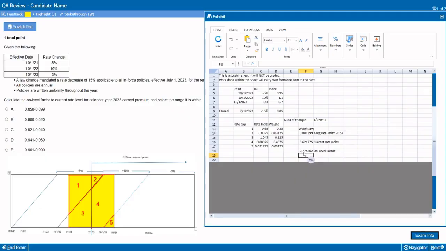So I ended up with 0.775, but that answer isn't shown in any of the ranges here, so I probably have a mistake. And I'm just going to look through some of my calculations. Okay, and I think I meant to do a subtraction here. Still not quite right.